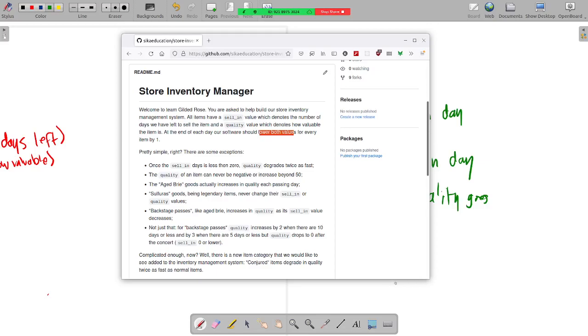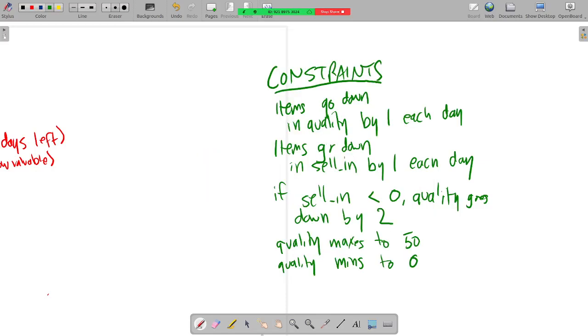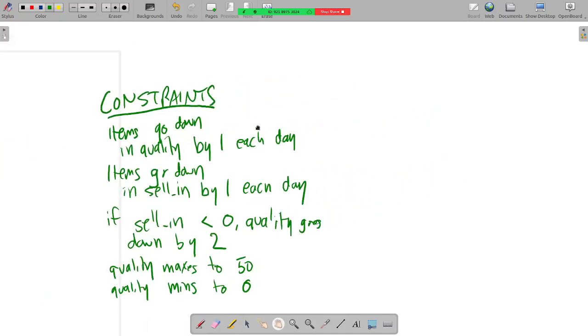Aged brie goods actually increase in quality each passing day. So that's going to be a difference in this constraint. Items go down in quality by 1 each day, unless aged brie, which goes up by 1. It's still constrained by not being able to be more than 50.